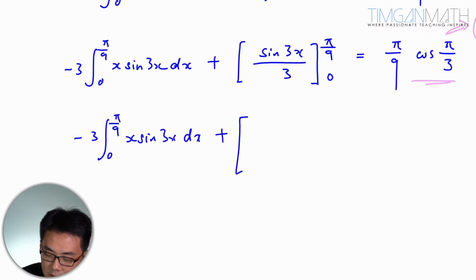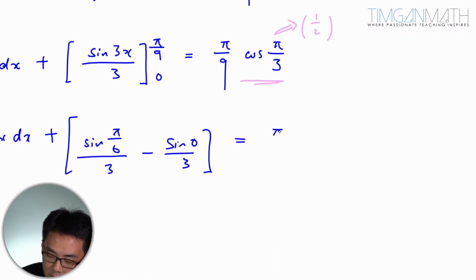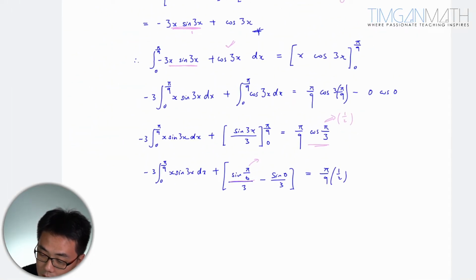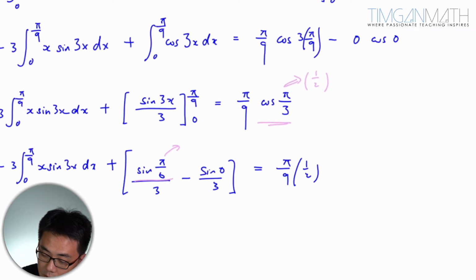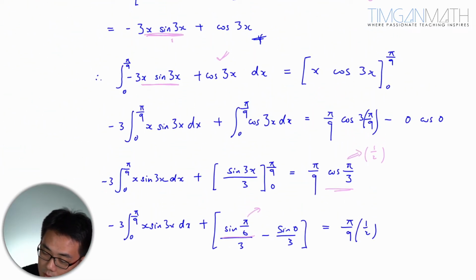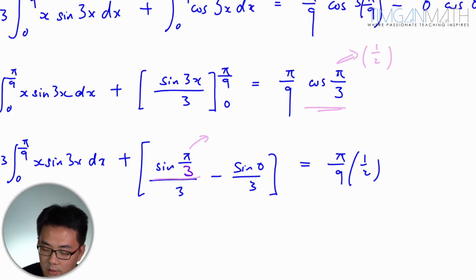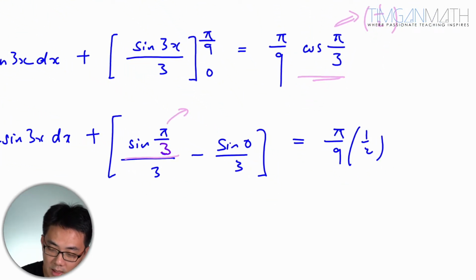The second term is sine pi over 3 over 3, minus sine 0, which is 0. So the first term is pi over 9 times half. Sine pi over 3 is root 3 over 2.